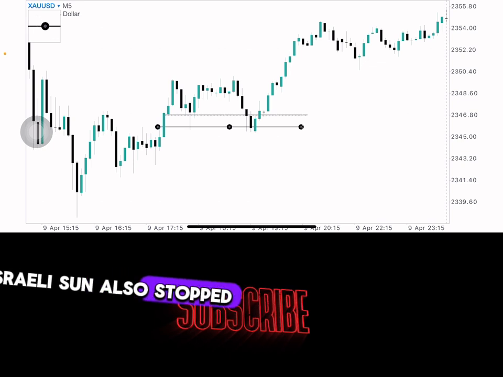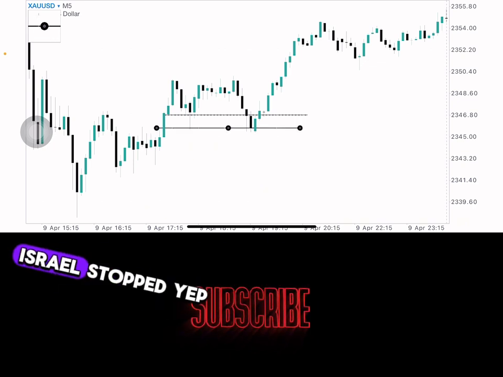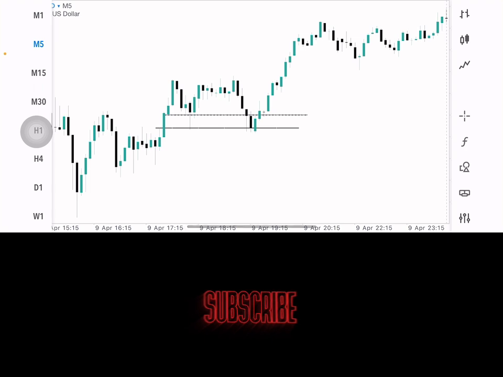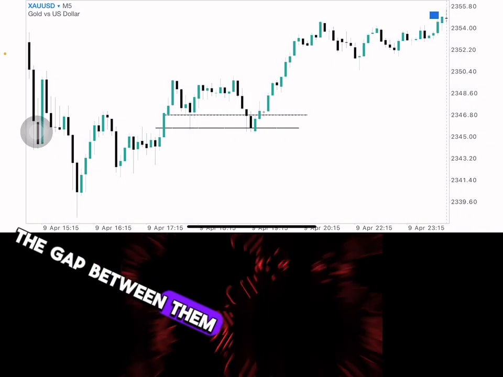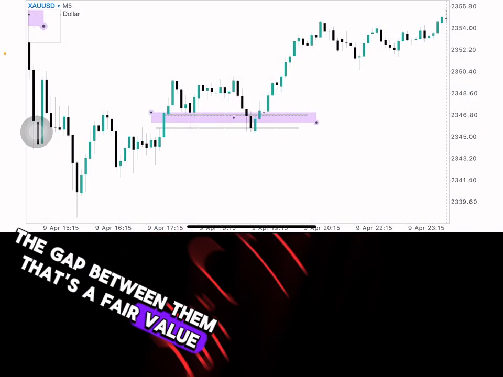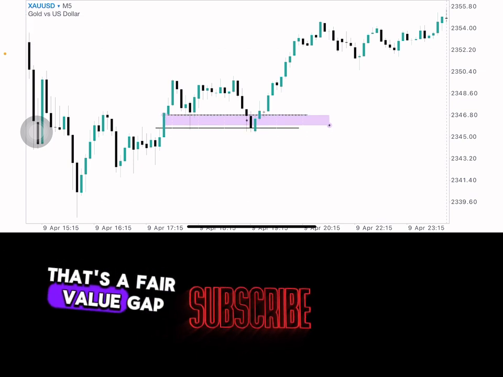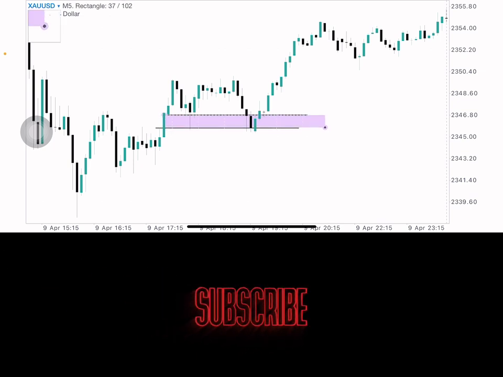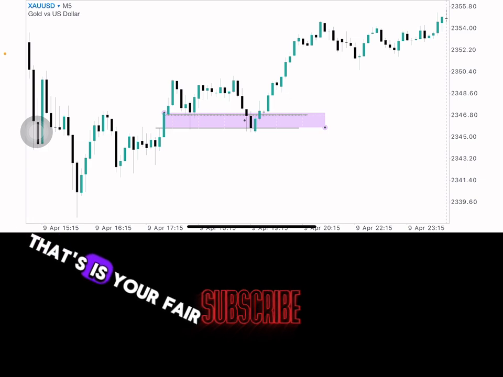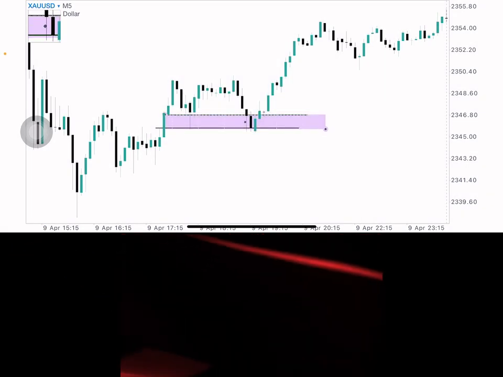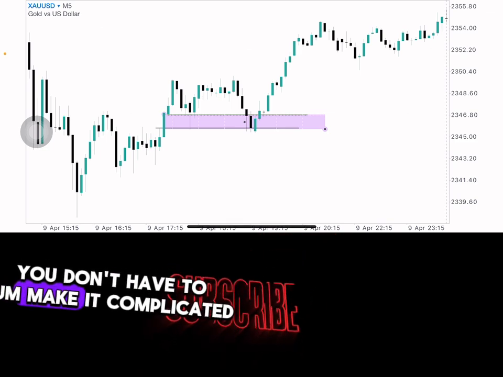This is where this one also stopped. Yeah, and then the gap between them, that's your fair value gap. This gap between them here, that's your fair value gap. Okay, so that is your fair value gap. It's as simple as that. You don't have to make it complicated.